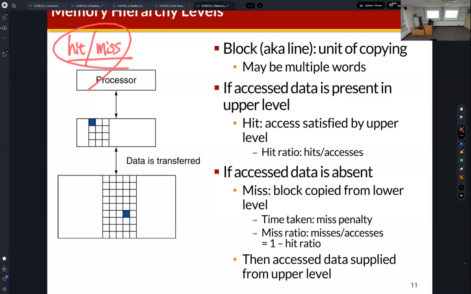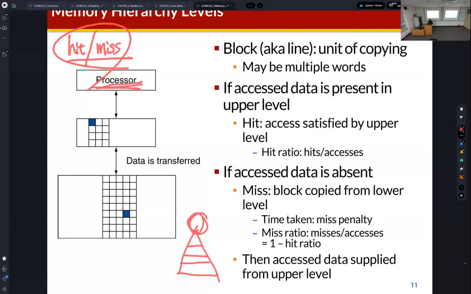Okay. So let's see. In the memory hierarchy, there are various memory components, at the high level and the low level.